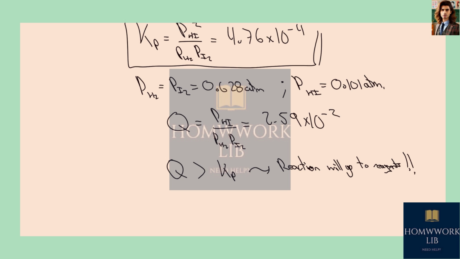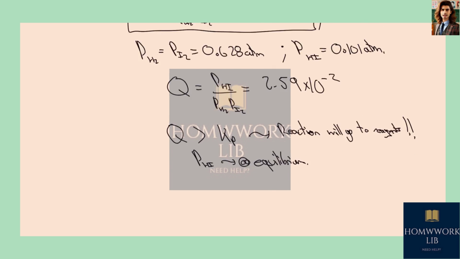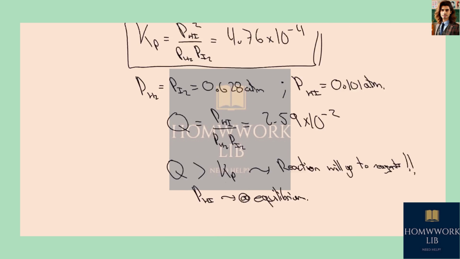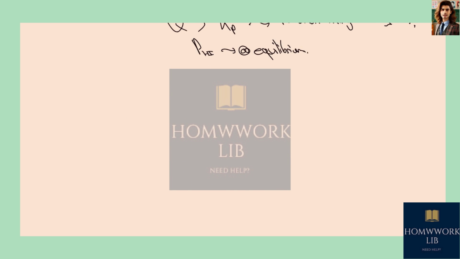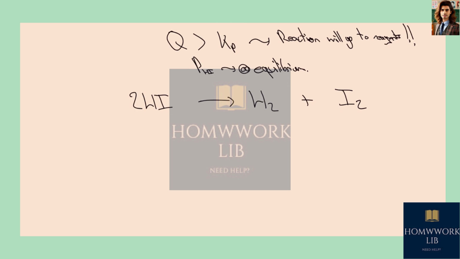With this information, we want to know what is going to be the pressure of HI at the new equilibrium that we are going to find. So in order to do this, we're going to consider first that the reaction will go towards the reagents. So we're going to have the inverse of this reaction. We're going to have 2 HI that is going to produce H2 plus I2. We're going to write down our ICE table.